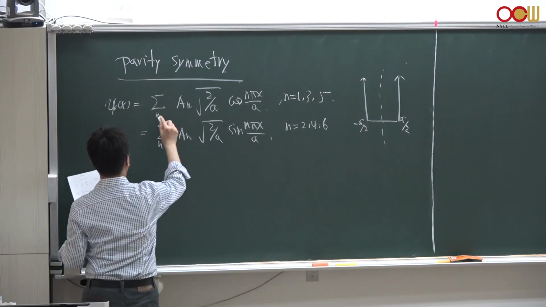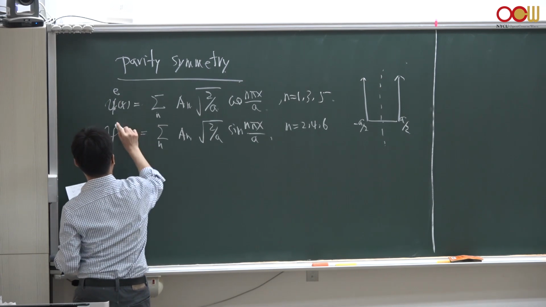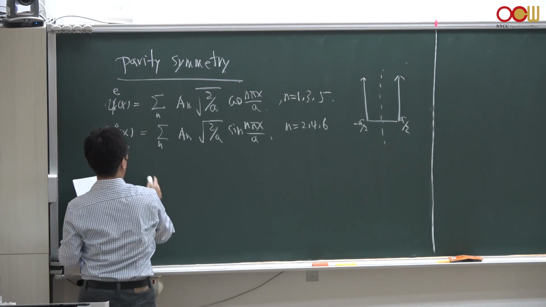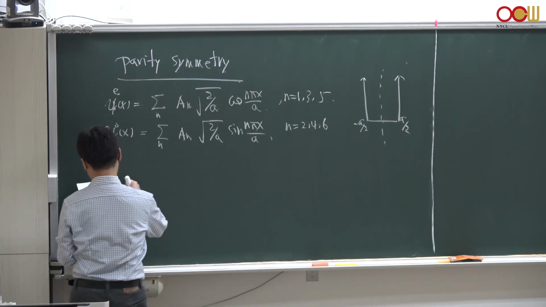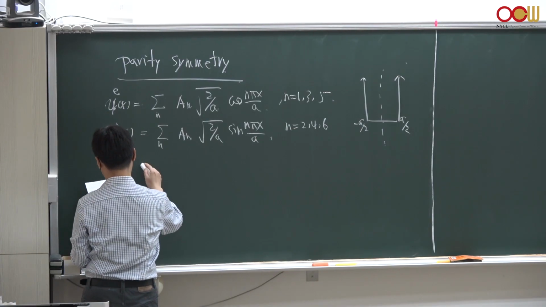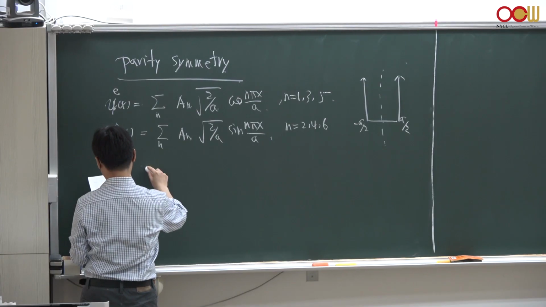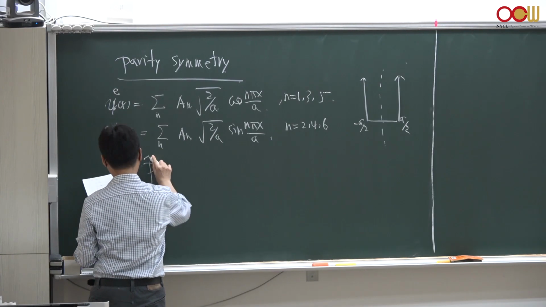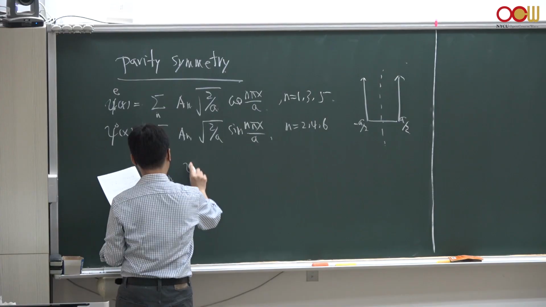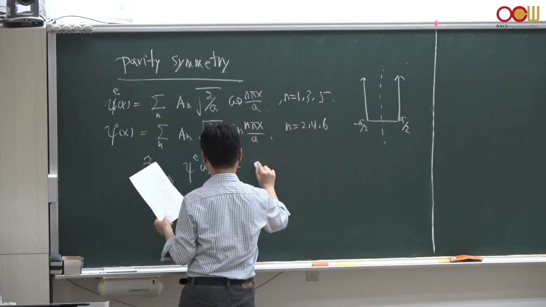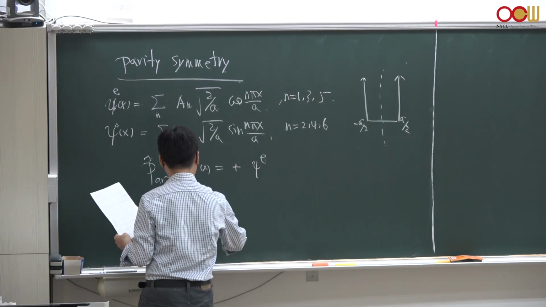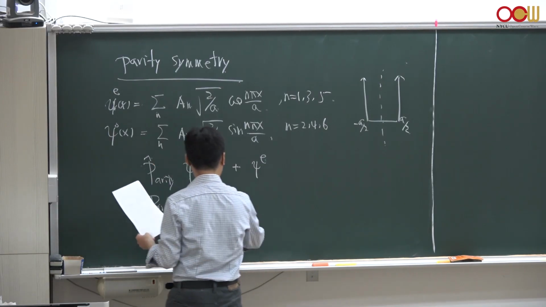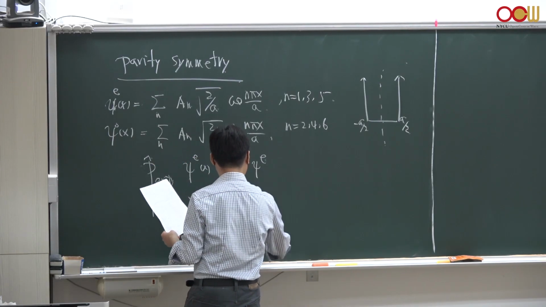If you use psi e or psi o to represent these even and odd solutions, then you can immediately see that the parity operator acting on psi even gives plus 1 times psi even, but acting on this odd eigenfunction gives you minus 1 times psi odd.